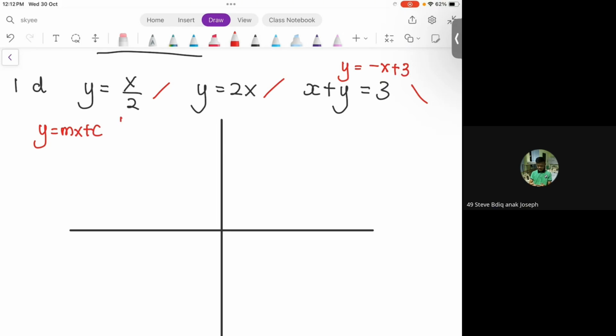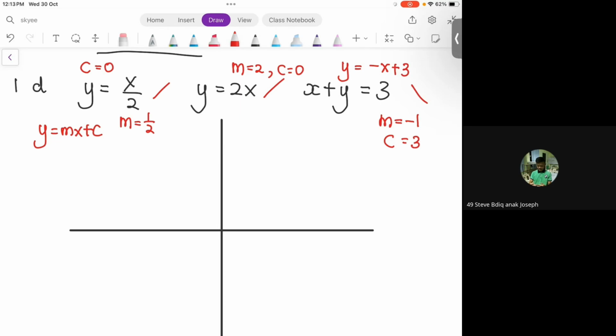The m for this one is equals to 1 over 2. And the m for this one is 2. And the m for this one is negative 1. How about the c? The c is 0, touching the origin. And this one c also 0, touching origin. But the c here is 3.